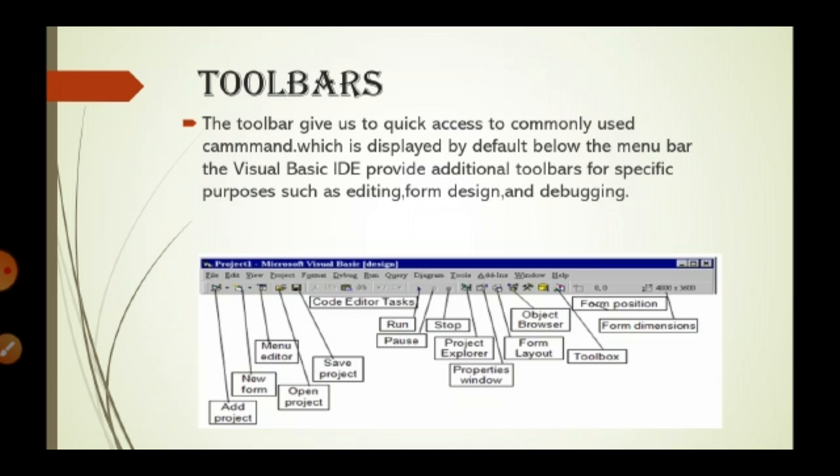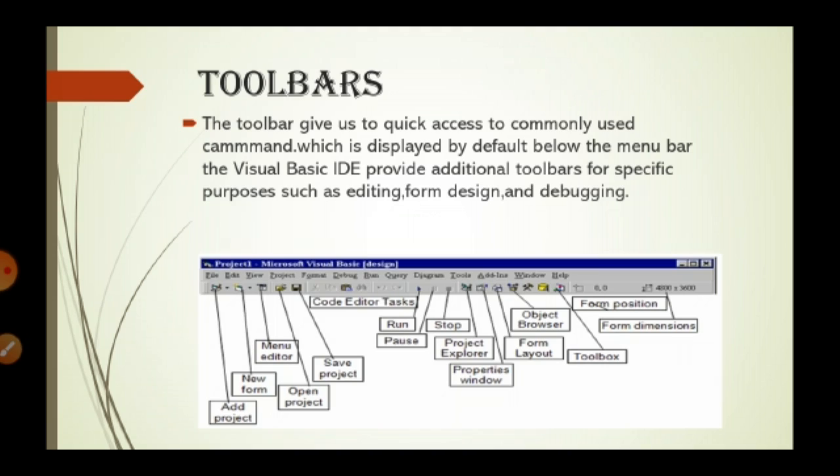Now next one is toolbar. What is toolbar? The toolbar gives us quick access to commonly used commands, which is displayed by default below the menu bar. The Visual Basic IDE provides additional toolbars for specific purposes such as editing, form designing, debugging. Now, see this image.